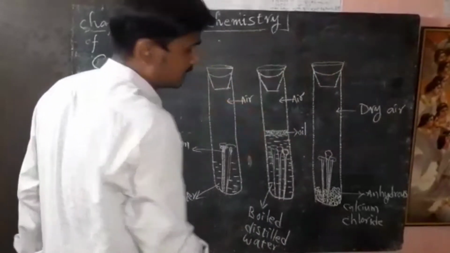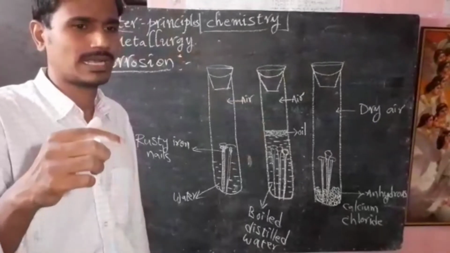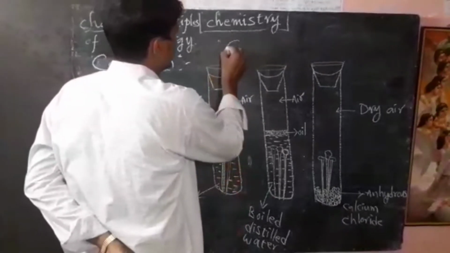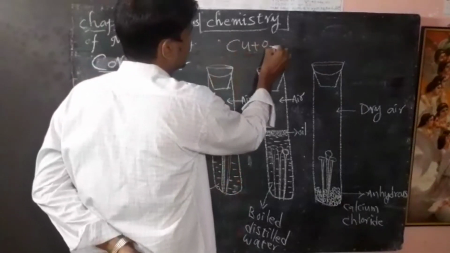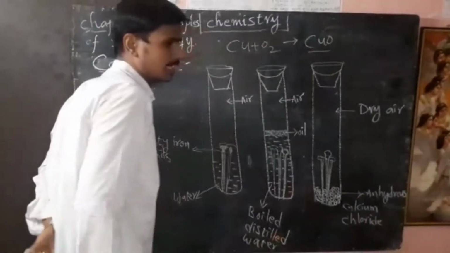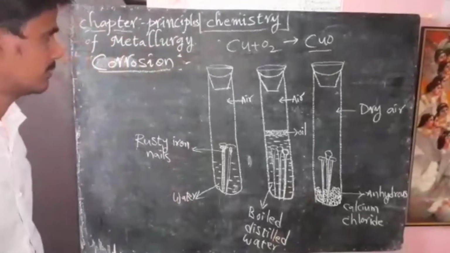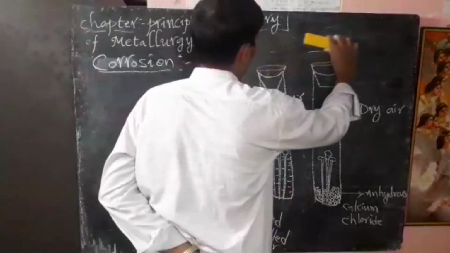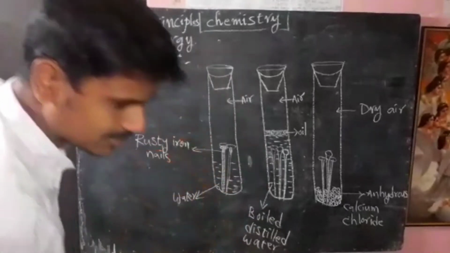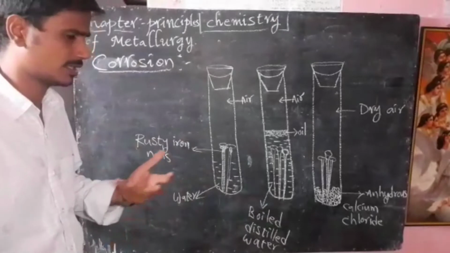Sometimes we can observe a green coating on copper. If you take copper, it reacts with oxygen and forms copper oxide. Here copper oxide is a green coated material. So this is all about how metals change color when they react with oxygen, moisture and water.